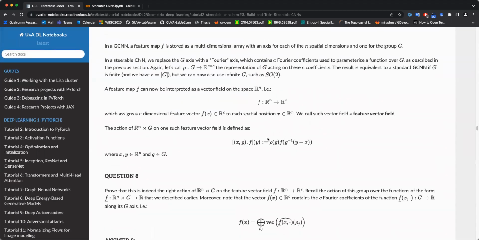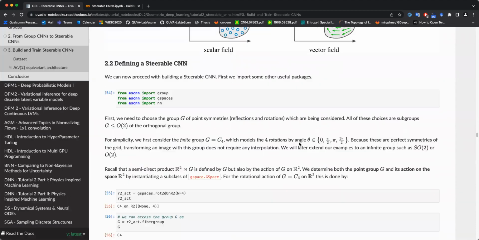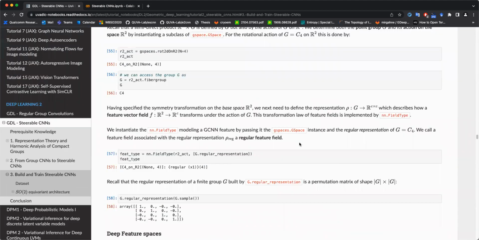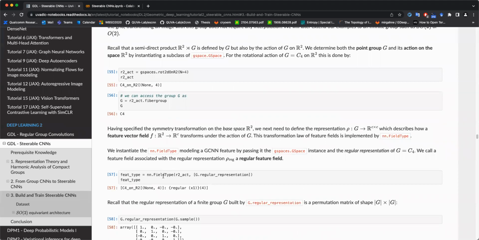Here you see that a feature field f needs to know precisely these two objects: the representation rho that transforms the channels, and the way the group G acts on the pixels. So all of this is encoded inside a field type. So to instantiate a field type, we choose a G space and a representation of the fiber group.